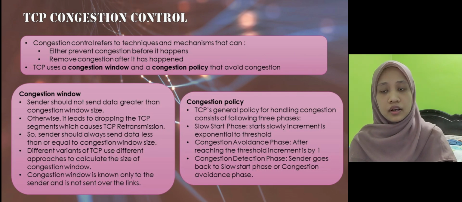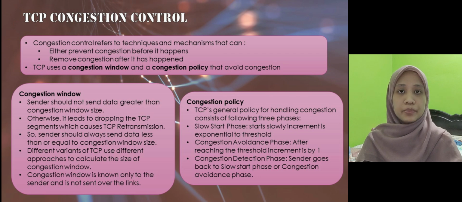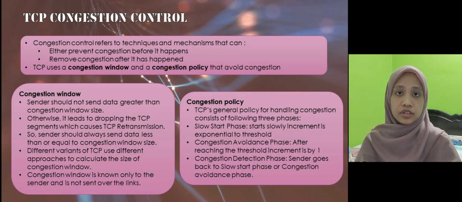Okay, now let's go to the last subtopic, which is TCP congestion control. Congestion control refers to techniques and mechanisms that can either prevent congestion before it happens or remove congestion after it has happened. TCP uses a congestion window and a congestion policy to avoid congestion.